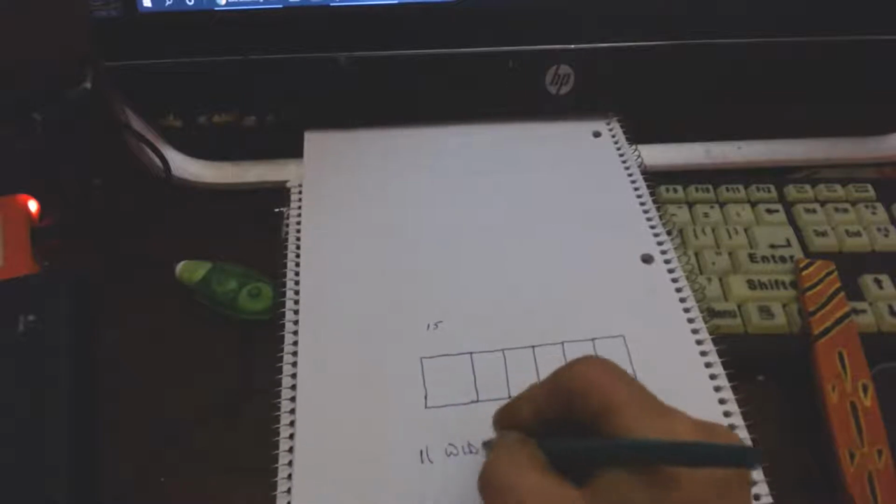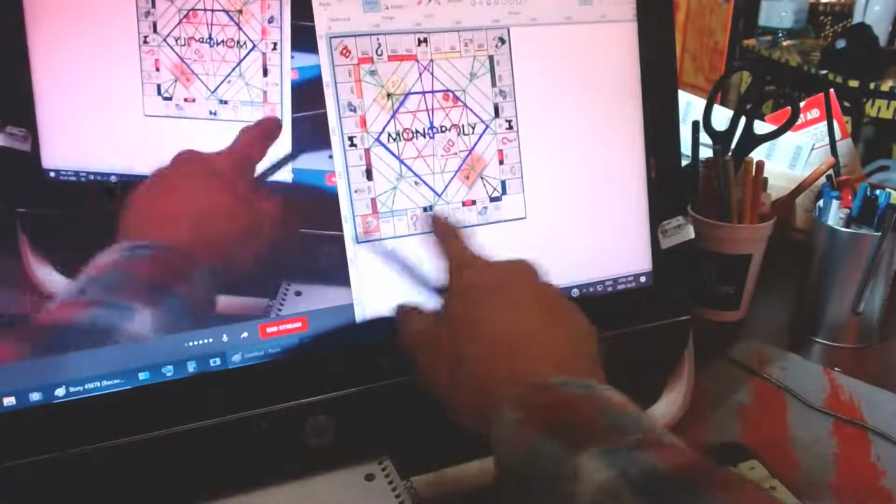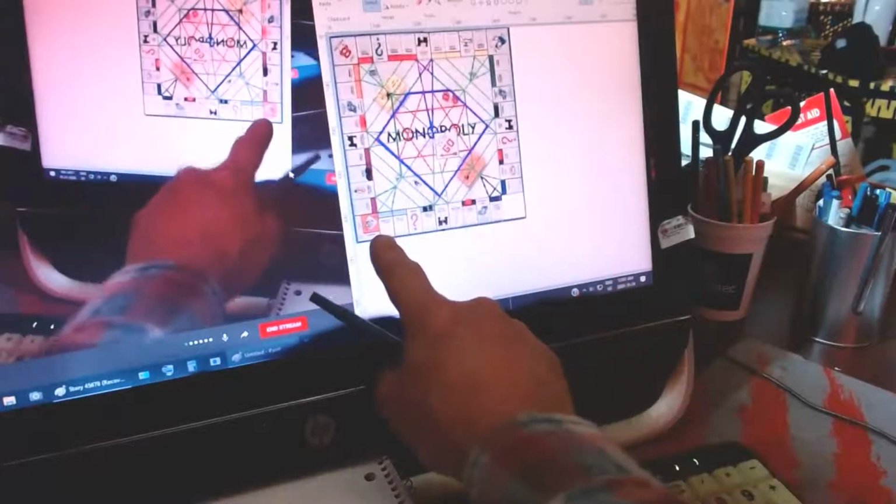So what would be the length? Since there's 10 of them, are there 10? 1, 2, 3, 4, 5, 6, 7, 8, 9. There are 11. It's 11 wide. 11 properties wide. I'm just going to show you that: 2 corners and then 9, 10, 11. So it's 9 on the inside plus the 2 corners, 11.